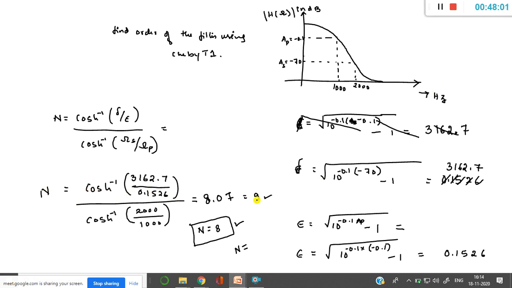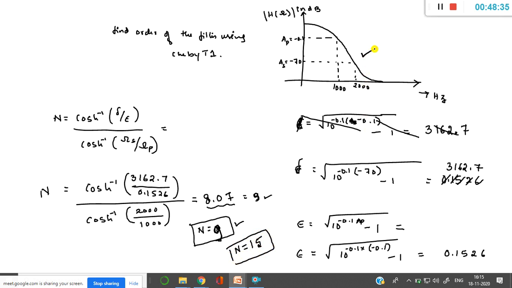So look here, after putting these values, we got the value of n after calculation of delta and epsilon, and when I substitute here, finally I get n equal to 8. I can round it to 9, or even round it back to 8 itself. Okay, let me consider 9 itself. Let me take one capacitor extra, no issues. Now, what was the value of n for Butterworth approximation?